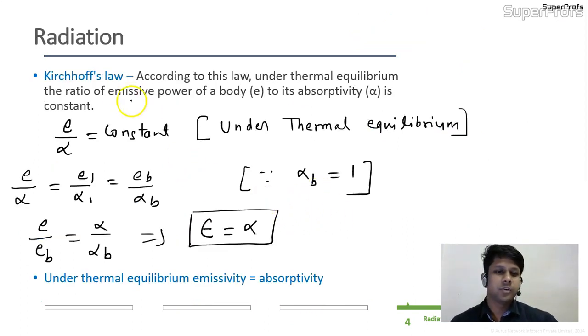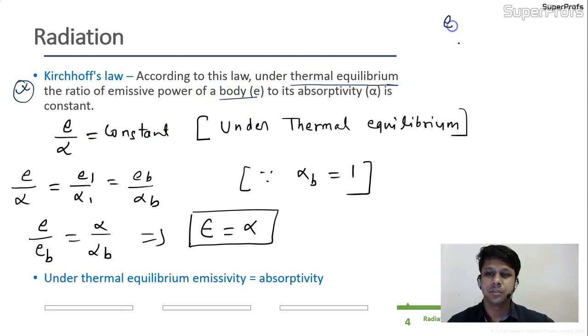Now there is one more important law, Kirchhoff's law. Read the statement. According to Kirchhoff's law, under thermal equilibrium, the ratio of the emissive power of a body, that is E, and its absorptivity alpha is constant.